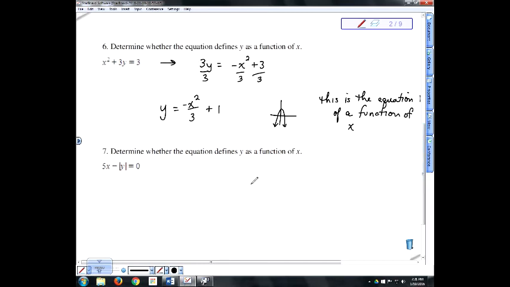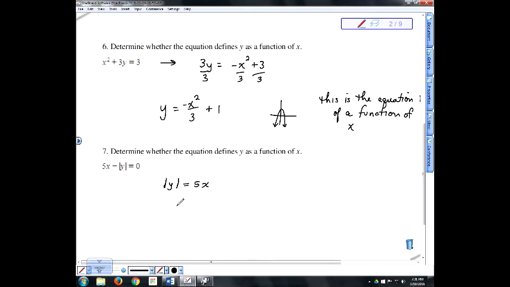Now question 7, if we move the absolute value of y to the other side, we're going to have the absolute value of y is equal to 5x. Now this is kind of digging into your knowledge of absolute values from 1010 or from Math 990.